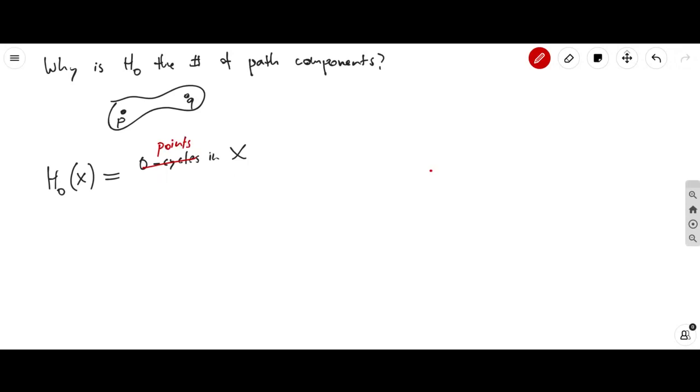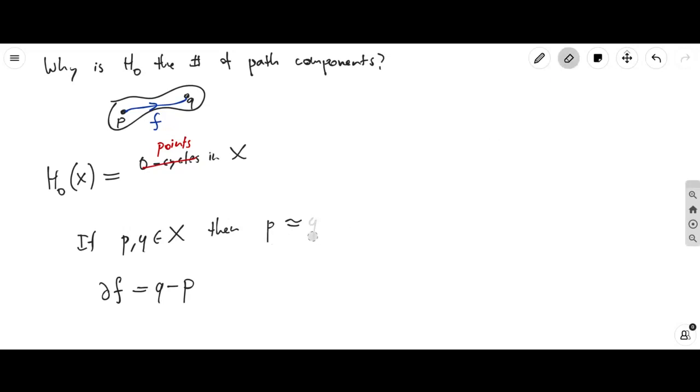So this is the group that's generated by points. But you have to realize that if P and Q are in X, then P is homologous to Q. Why is that? Because if it's path connected, there is a path from P to Q. If you call that path F, then the boundary of F would be Q minus P. So you can see that the difference of 2 points can be expressed as a boundary of a 1-simplex. Therefore, different points are equivalent if they can be connected by a path.